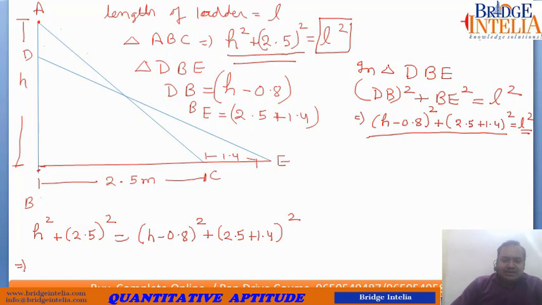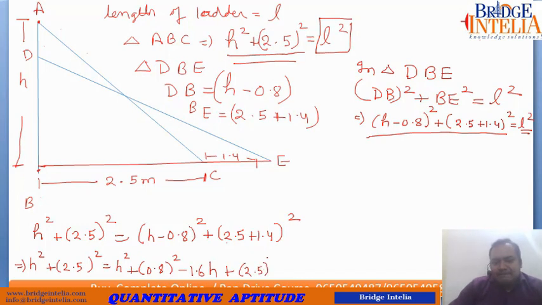So H square plus 2.5 whole square is equal to H square plus 0.8 whole square minus 2AB, so minus 2 into H into 0.8, that is 1.6H, plus, now let's expand this, like A plus B whole square: A square plus B square plus 2AB.